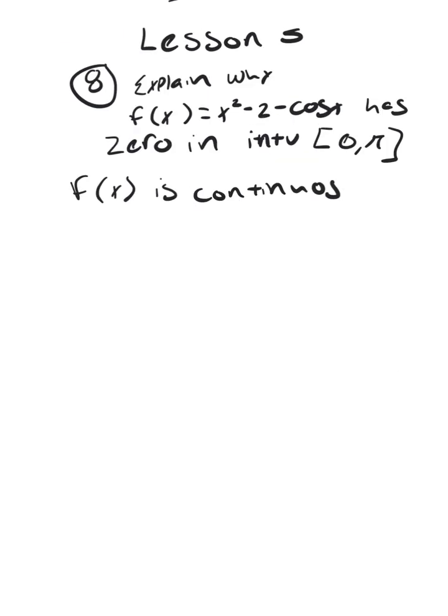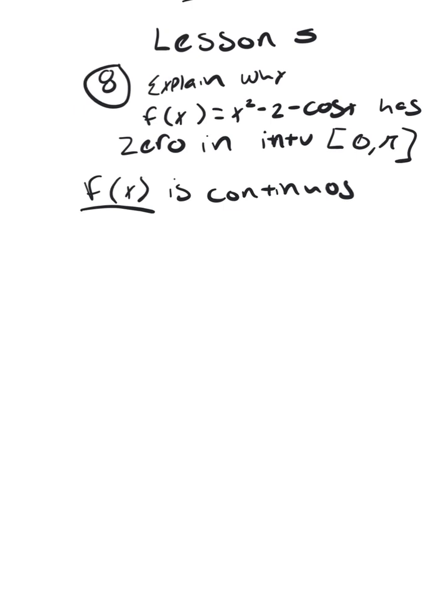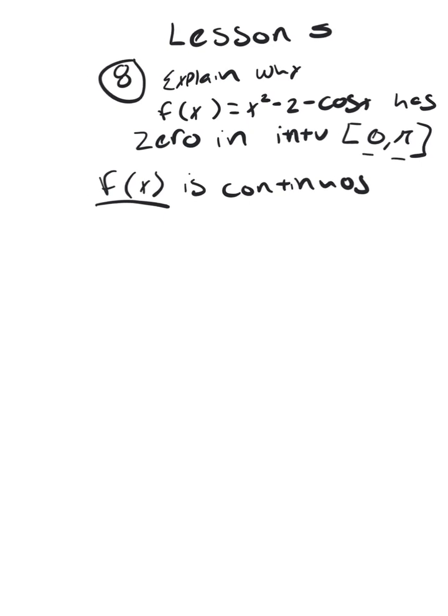Explain why f of x equals x squared minus 2 minus cosine x has a 0 in the interval 0, pi. So first, we notice that f of x is continuous because the number doesn't have a set value. So what we can do is plug in a and b to the equation.